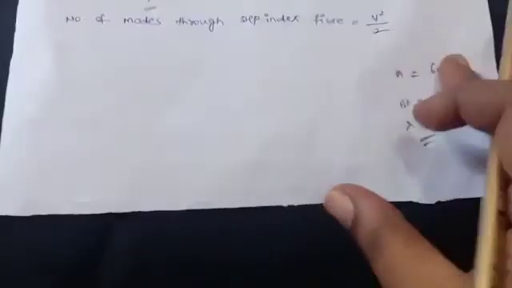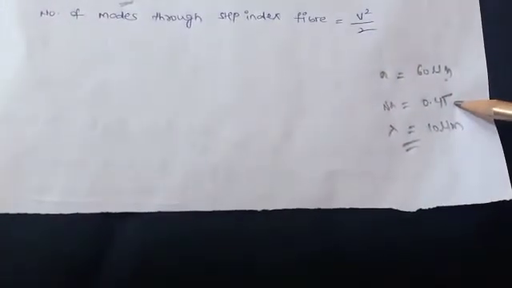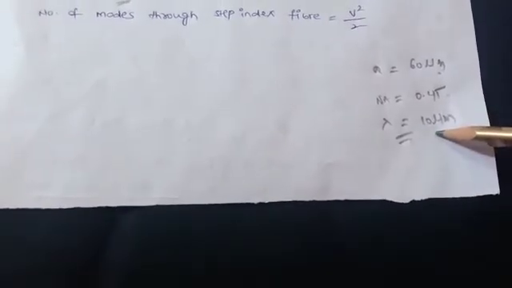So using the formula V equals 2 pi by lambda into a into NA. NA is the numerical aperture, a is the radius of the core, lambda is the wavelength of the light. So for example, if you take 60 micrometers radius of the core, numerical aperture 0.45, for light of 10 micrometers, then the number of paths available equals 9. So 9 paths are available for that optical fiber with these parameters.